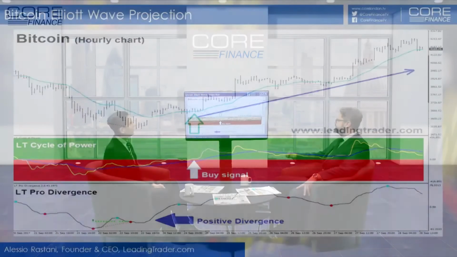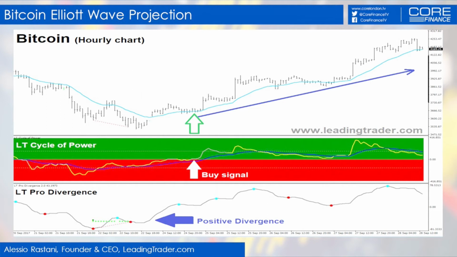Going to the next chart, people always ask, is there any way to trade Bitcoin on a short-term or swing trade basis? I would say yes, absolutely. This is an hourly chart of Bitcoin, and what I always look at is divergences.